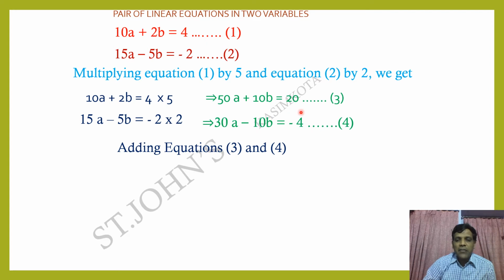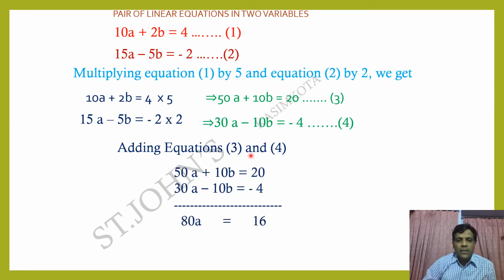Coming to the next step, adding equations 3 and 4. Write down equations 3 and 4. The third equation: 50a plus 10b equals 20. The fourth: 30a minus 10b equals -4.